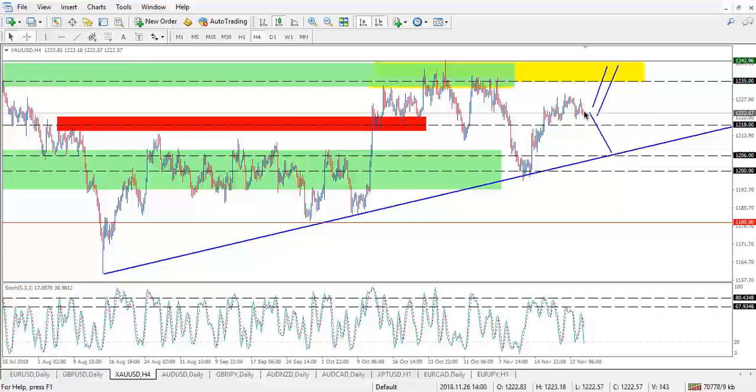So if the pair reaches this level and shows some bearish evidence, we can go short targeting the level of 1218 during this week, and this will be conditioned by the continuation of trading below the level of 1242.